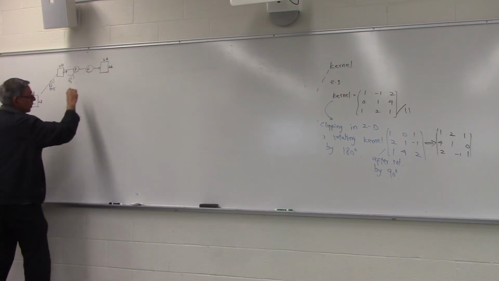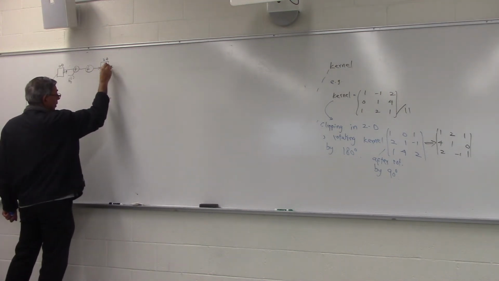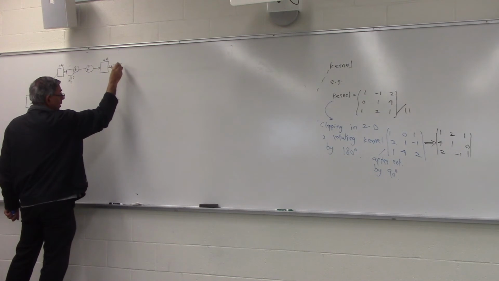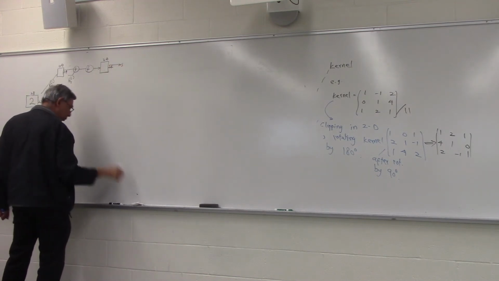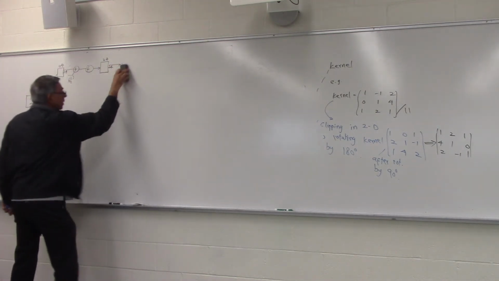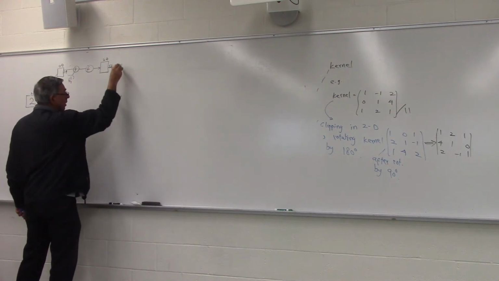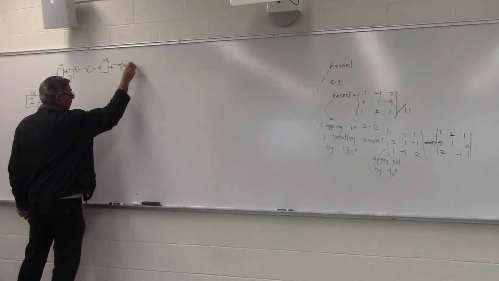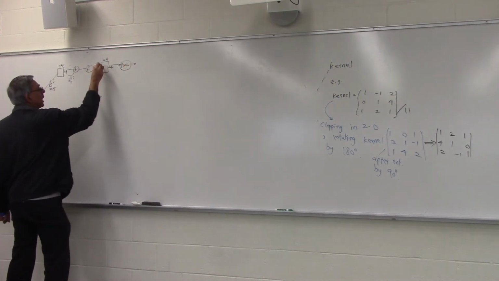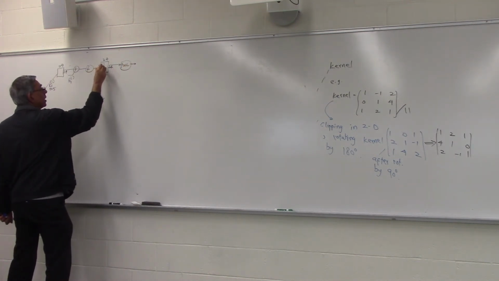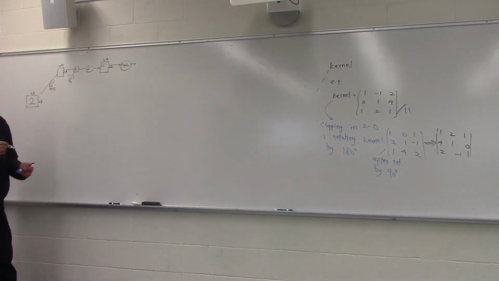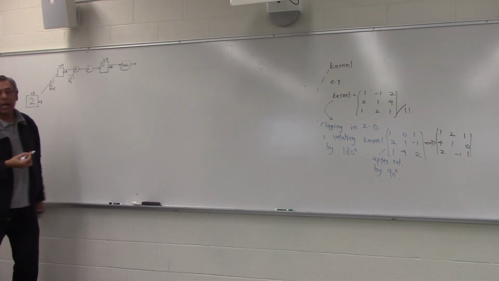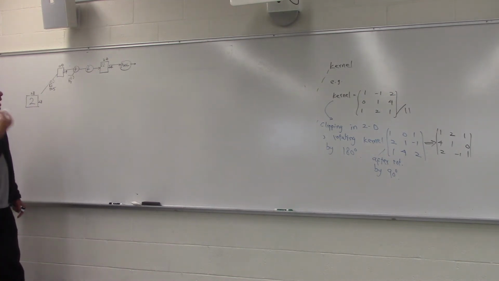Then we pass it through what we call pooling. Let me make a pooling function over here, which basically will take the 4 values and take the average of the 4 values or take the maximum. So this pooling could be average pooling or max pooling.